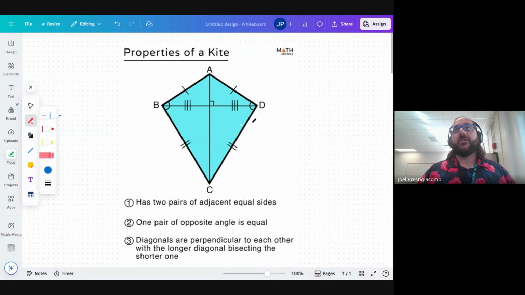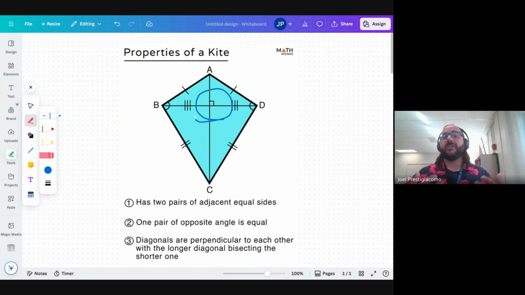The longer diagonal doesn't have that, right? So the top and bottom of this particular figure don't have equal angles, but we also do know that the diagonals are perpendicular, right? So they meet at right angles in the middle. This is important because if we look here at this diagonal, four triangles are made, okay? Of these four triangles, they're all right triangles, right? This is the same thing we see with squares.